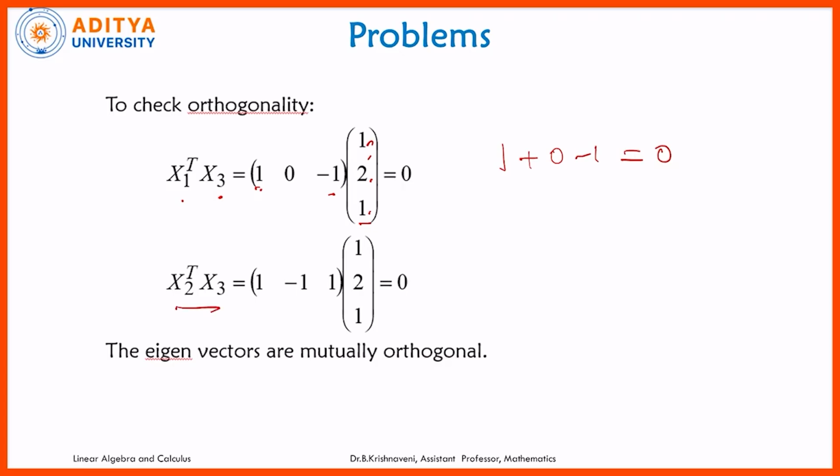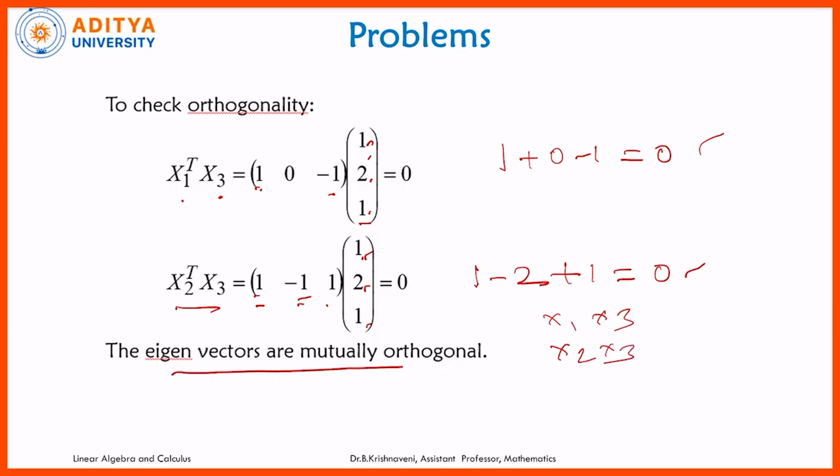Next, calculate x2 transpose into x3, row 1, minus 1, 1, and x3 column 1, 2, 1. Multiplying, 1 into 1 is 1, minus 1 into 2 is minus 2, plus 1 into 1 is 1. So, you are getting again 0. Hence, x1, x3 are orthogonal, as well as x2, x3.